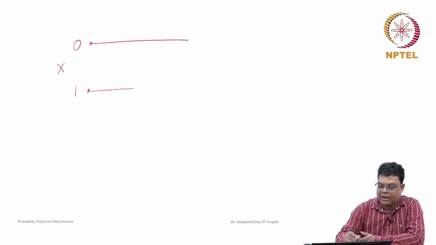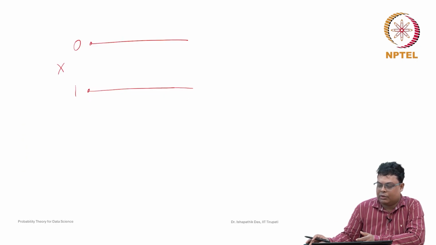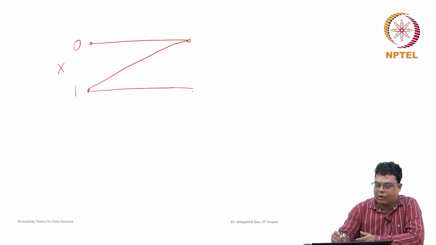Whenever the input is 1, there is a possibility that y can take 1 or 0, but there are some probabilities, so it will not always be 0 or always be 1.